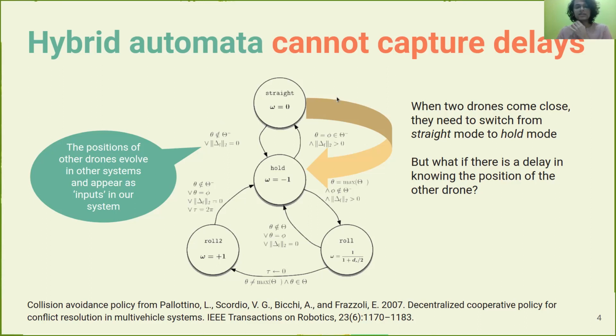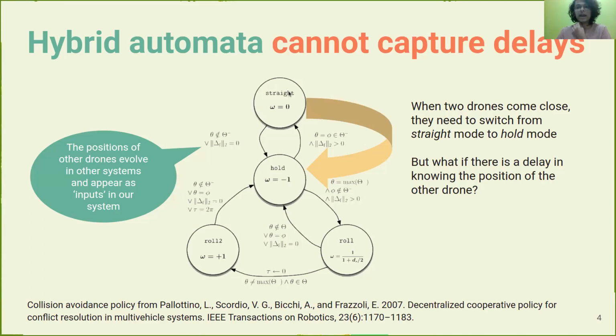Within this hybrid automaton model, as I mentioned before, they assume that there are no communication delays and that each drone has perfect information about the drones around it. What this means in terms of the hybrid automaton is that, for example, initially all the drones would be in the location straight, which means that they are flying straight towards their destination.